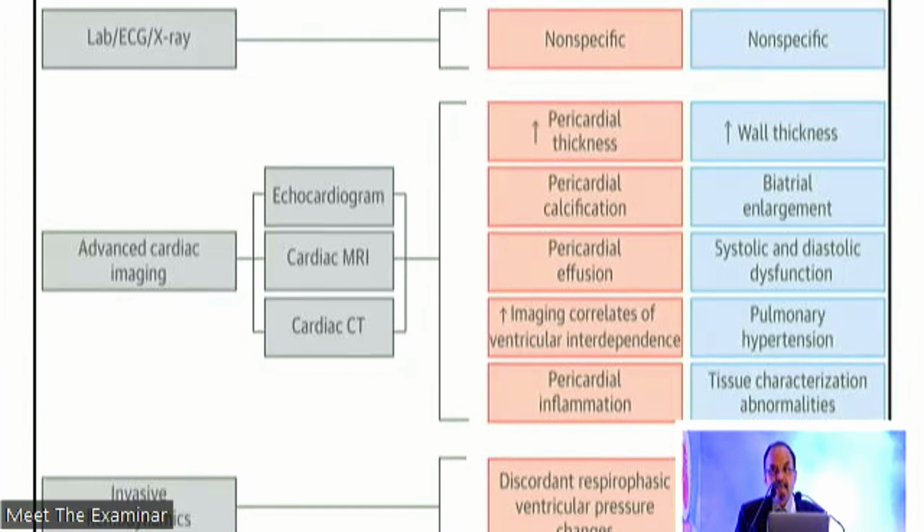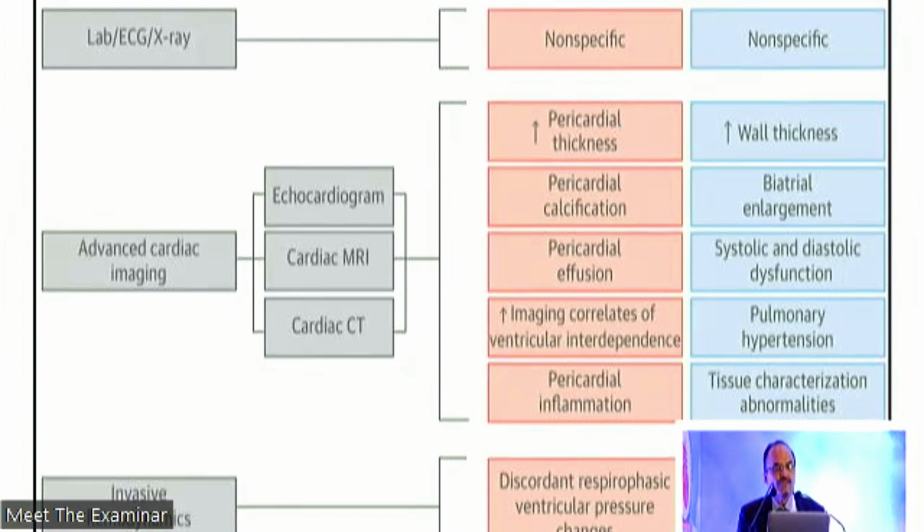If my patient has left ventricular hypertrophy on echo, then he's more likely to have restrictive cardiomyopathy.